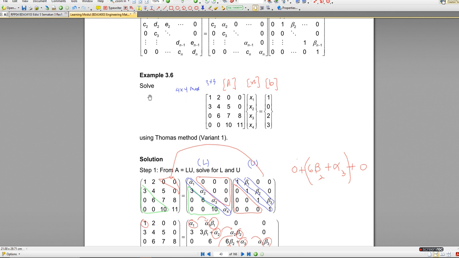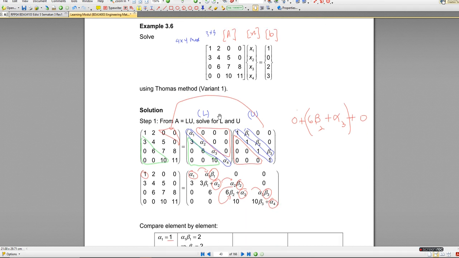For example 3.6, we have a matrix A, matrix X and matrix B, which is a 4 by 4 matrix. Matrix A is like this: 1 2 0 0, 3 4 5 0, and so on.